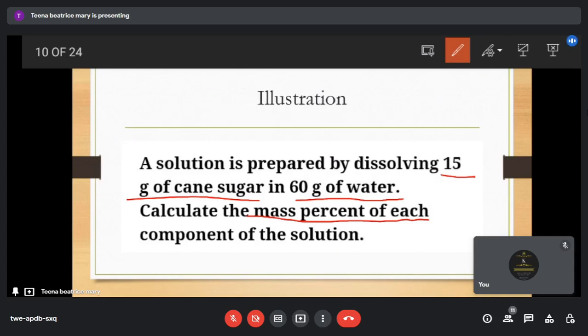Given the total solution in 60 gram of water, now we have to find the mass percentage. It is very simple to calculate the mass percentage of the components of the solution. Each component we have to find for. Yes, 25%, ma'am. Yeah, we can work that out.